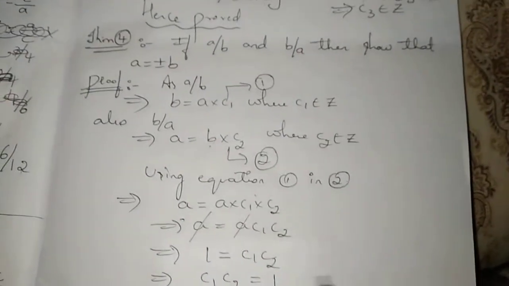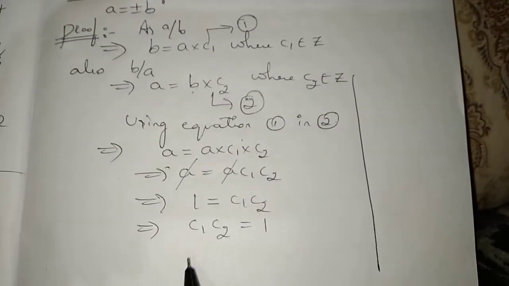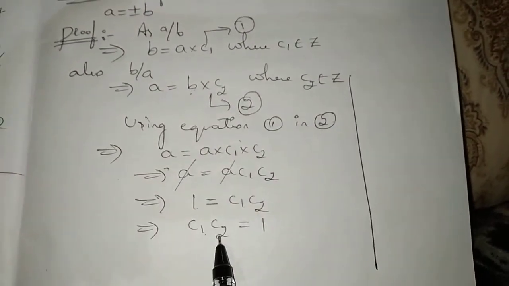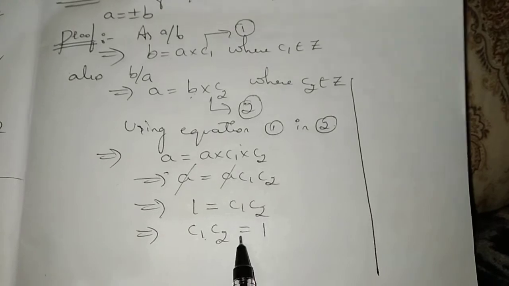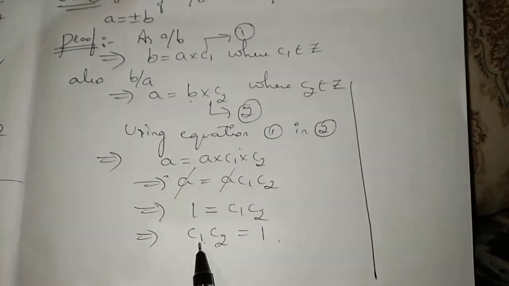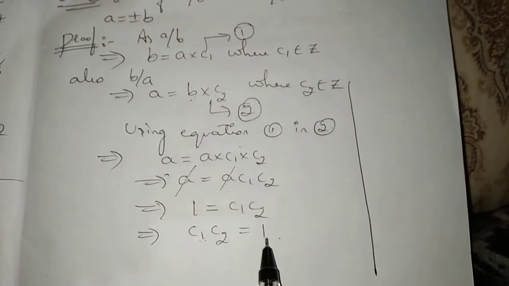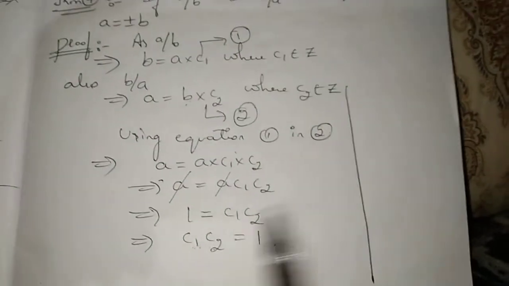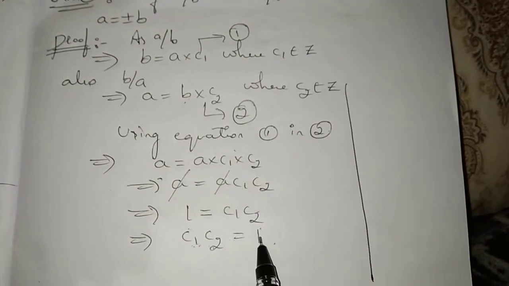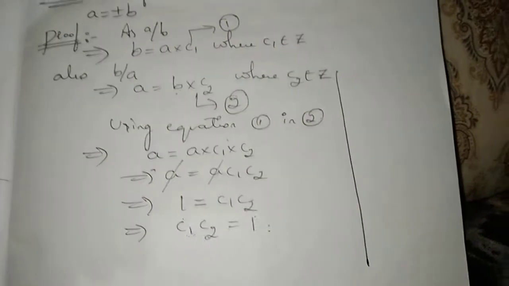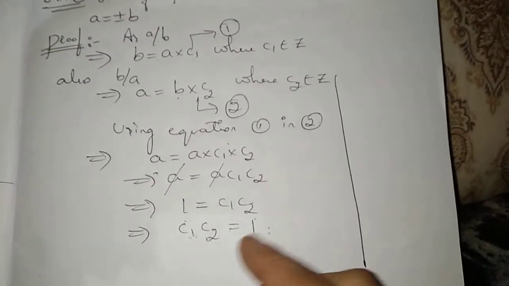Okay, so now tell me, what is the meaning of this one? LHS is equal to RHS. So in LHS we have C1 and C2, in RHS we have just 1. The meaning of this one is LHS is equal to RHS, means whatever is here should be equal to this one.